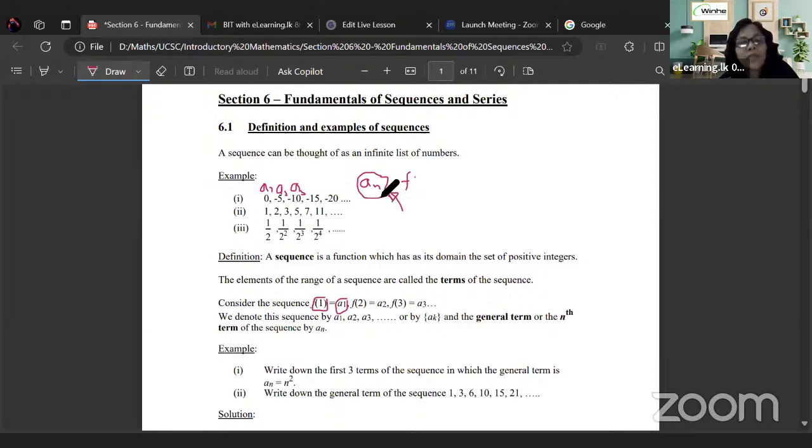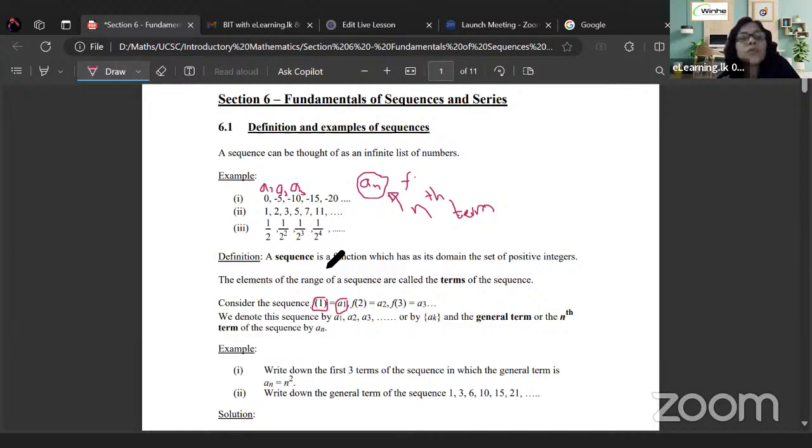The general term we normally represent as the nth term, an. Each term in a sequence is represented by a. The first term is a1, second a2, third a3. If we don't put in a term number, we represent the general term using an. This is what we call the nth term.